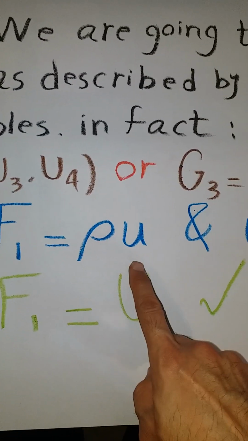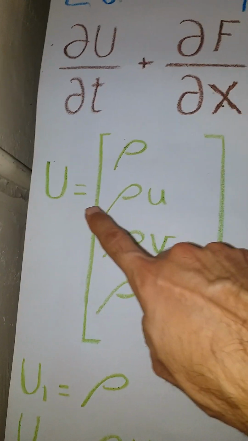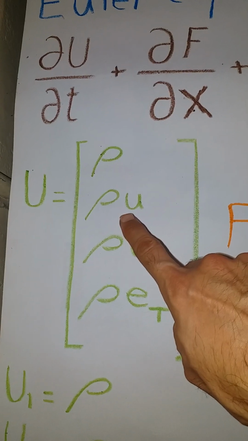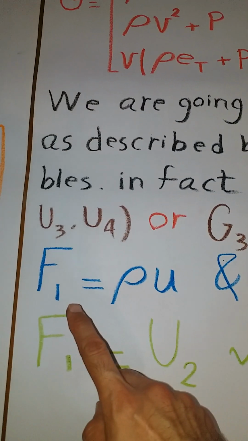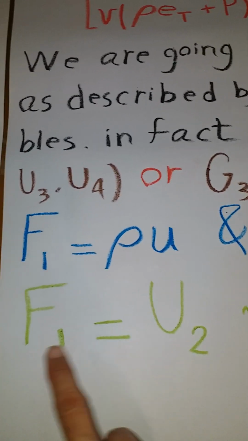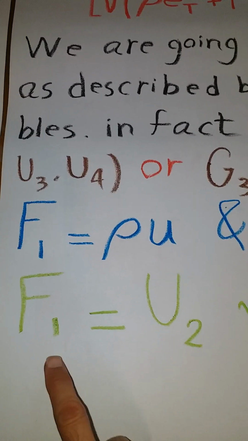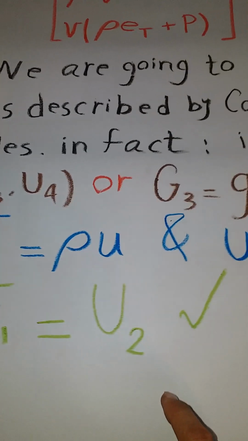F1 is rho U. And as you can see here, the second element of U is rho U again. So very simply, you can write the first element of F is equal to the second element of U. So F1 equals U2. Okay?